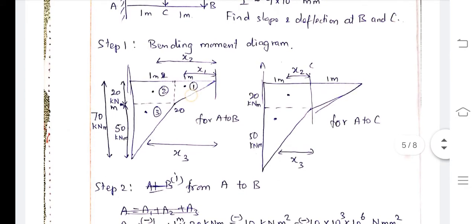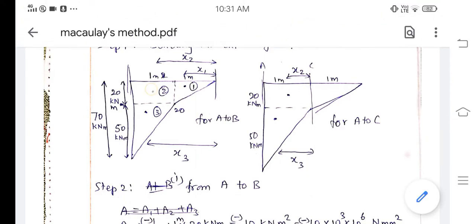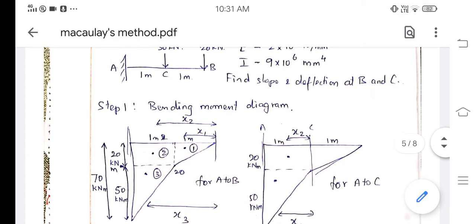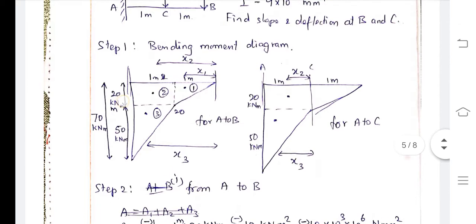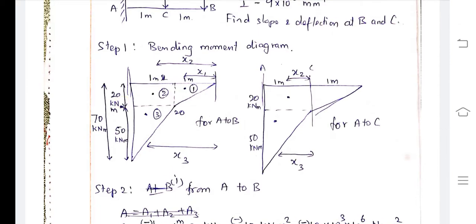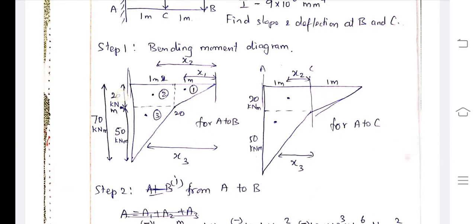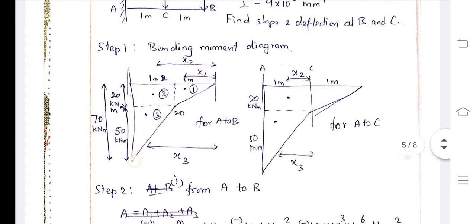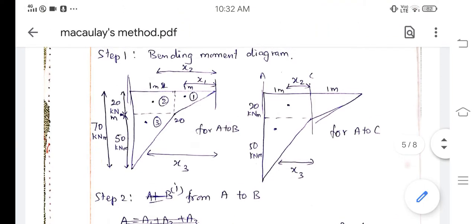You can see that the length here is 1 meter, and here it is 1 meter as shown in the diagram, and the y-axis is bending moment. So it is 20 here, so this height is 20, and the total height is 70.